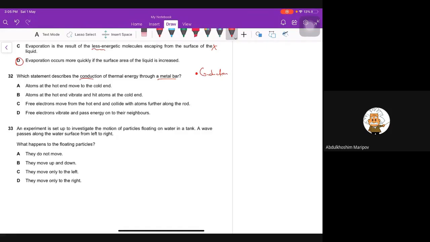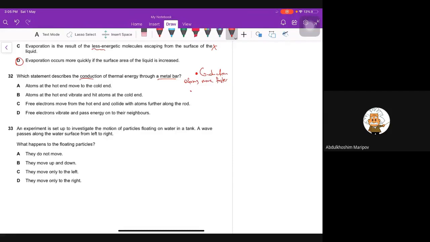When a substance is heated, atoms start to move around faster. This is conduction.